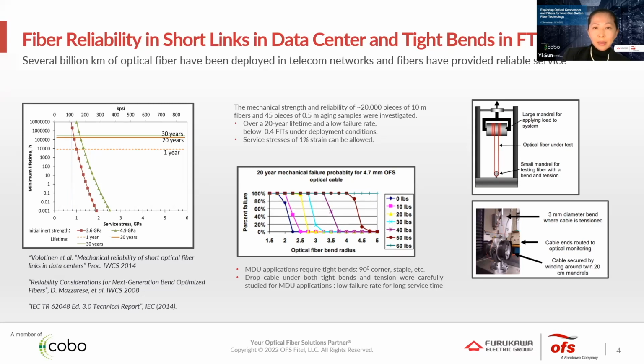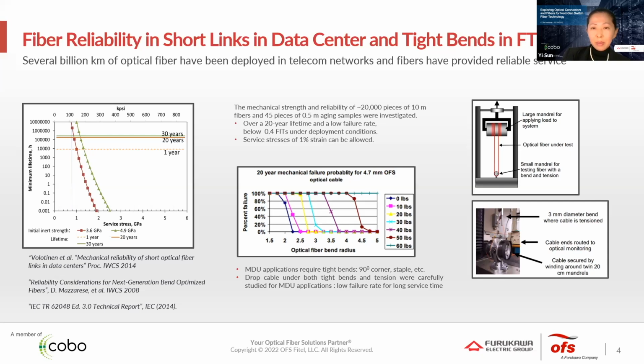were studied during the kickoff and through the deployment of fiber to the home. Here I refer to one study back in 2008. On the right shows the schematic and the setup, the image of the reliability study.